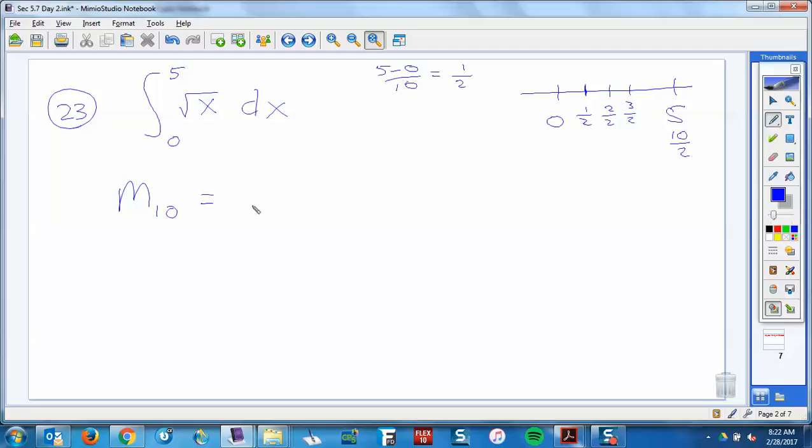Okay, so we're doing a midpoint. So now we got to figure out those. Right? And let me put in my last one here. This would be 9/2. And then, so my last midpoint, right there. So what's this one? 1/4. What's this one? 3/4. So you got to be careful, because what is your width?